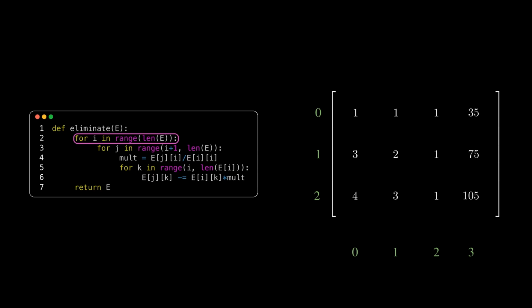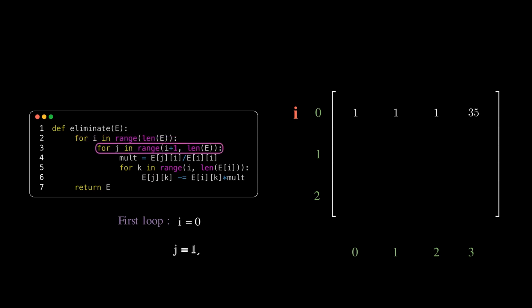Now let's see the working of this code. In the first loop, i equals 0, which refers to the first row of the matrix. The value of j is equal to 1 and 2, as the for loop ranges from i plus 1 to len E. It means that when i equals 0, the j loop will run twice. First, j equals 1, which refers to the second row of the matrix. Don't get confused and remember that indexing in Python starts at 0.